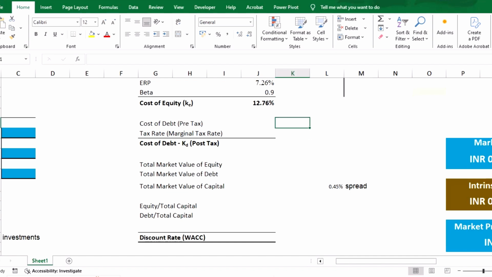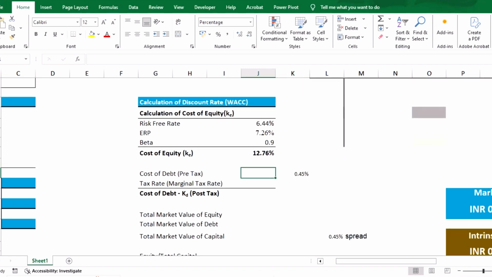To find the pre-tax cost of debt, you need to add the risk-free rate plus the spread. This is our cost of debt pre-tax. Okay, we are assuming a tax rate of 25%.